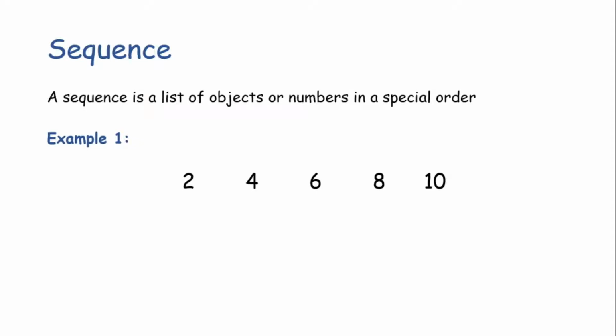Here we are given the numbers 2, 4, 6, 8, and 10. Immediately, we see that there is some sort of pattern associated with these numbers. We can see that the second term, 4, is derived by taking the first term, 2, and adding 2 to it. Similarly, the third term, 6, is derived by adding 2 to the second term.